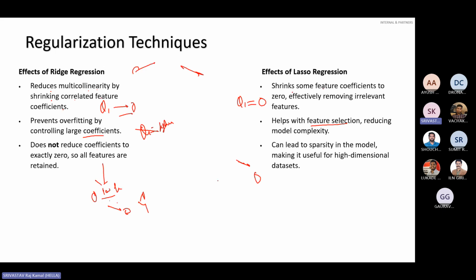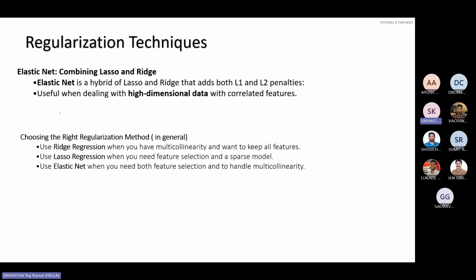And now somebody says, some researcher came and said, why not keep both together? So they made another algorithm known as elastic net regression.